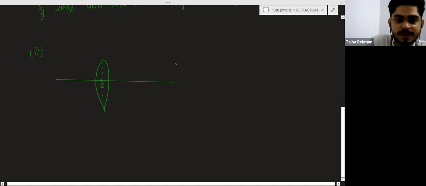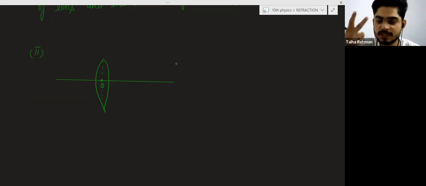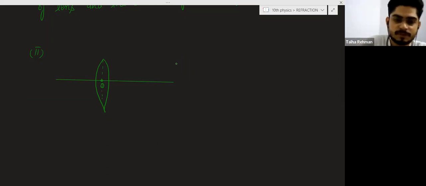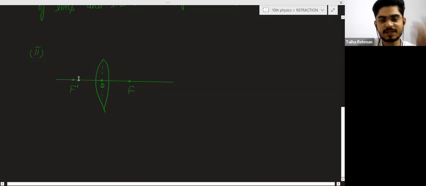O is the optical center. So in a lens, we have two foci. There is one focus here. I am representing the second focus. This is the first focus and this is the second focus. There are two foci in the lens.